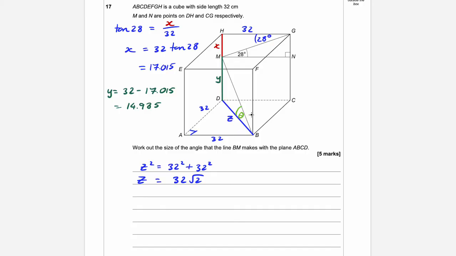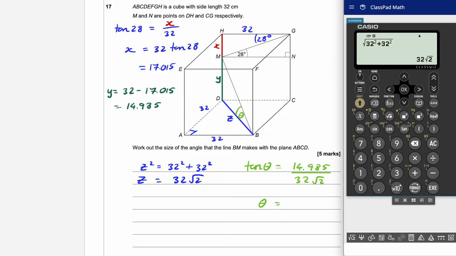And now finally, I can say the tan of theta is equal to opposite, which is the y, 14.985, over the adjacent, which is the z, 32 root 2, and then theta is equal to inverse tan of that, guys.